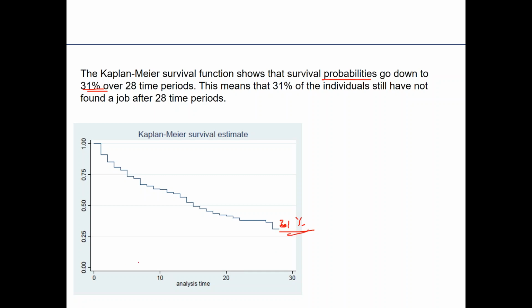Now if you observe here, it is getting better, here it is getting normal, and here again it is getting steep. Till here, the people were getting jobs in a better way. But at this period, the job offers were lean. Not many people got jobs.